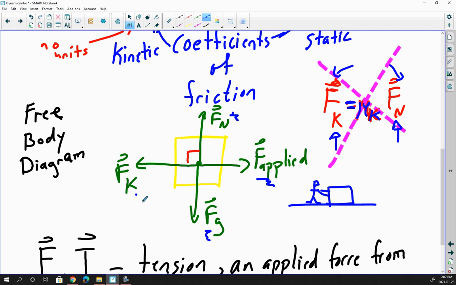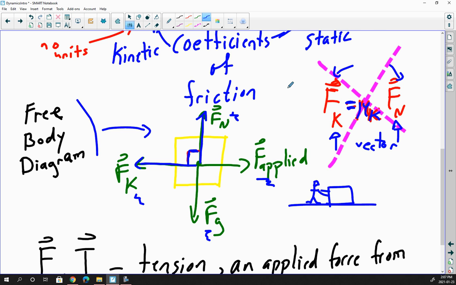And here's the force of kinetic friction on the object. The force of kinetic friction and the normal force are perpendicular to each other. I cannot equate this as a vector equation because if it was, you'd be telling me that the normal force and the force of kinetic friction have the same direction. It can't. They're perpendicular. The free body diagram, which we learned about in grade 11, shows that.